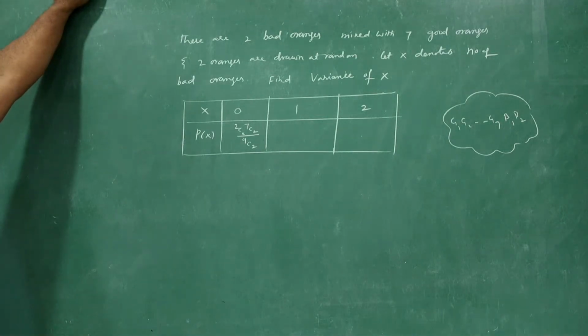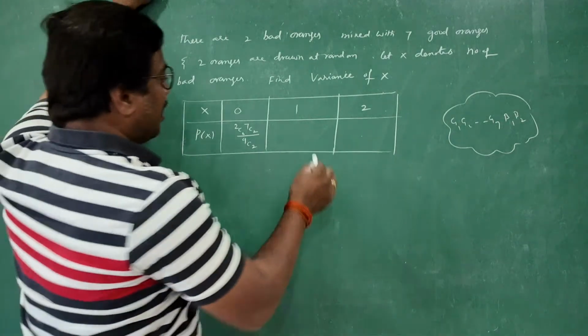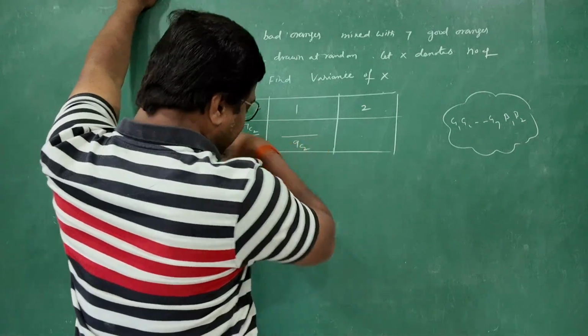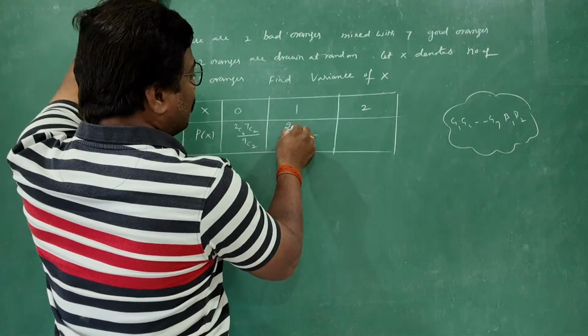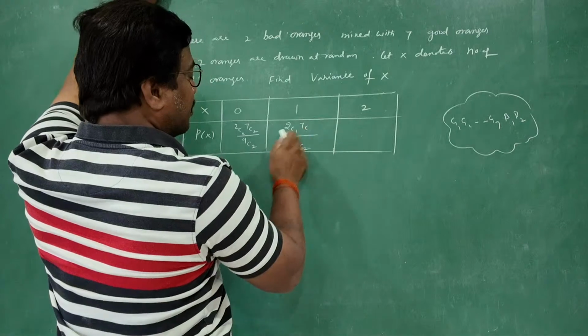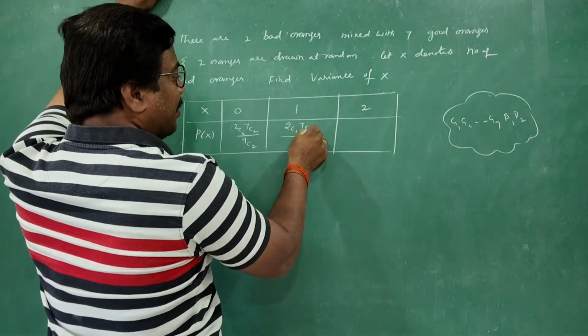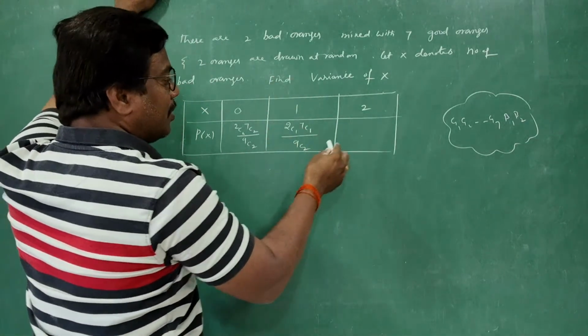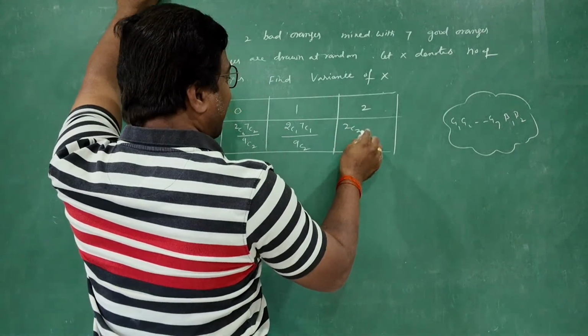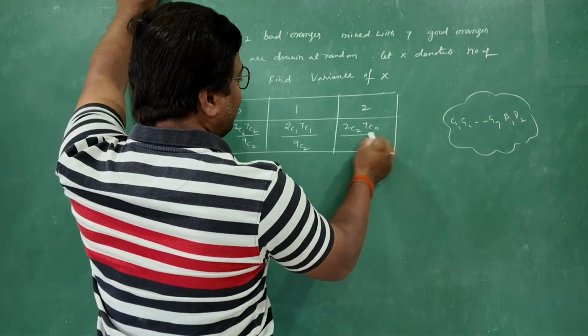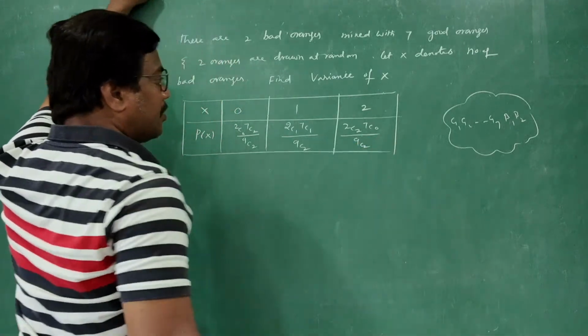No bad, only good, so 7C2. Next probability, 9C2 here, 2 bad, only 1 bad, nothing but the second one from good. Next, both bad, so 0 from good, 9C2, right?